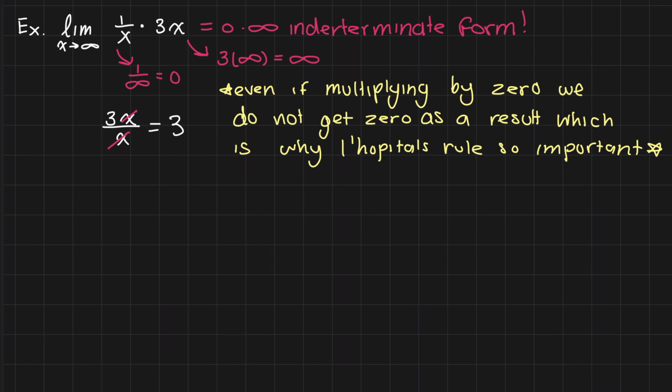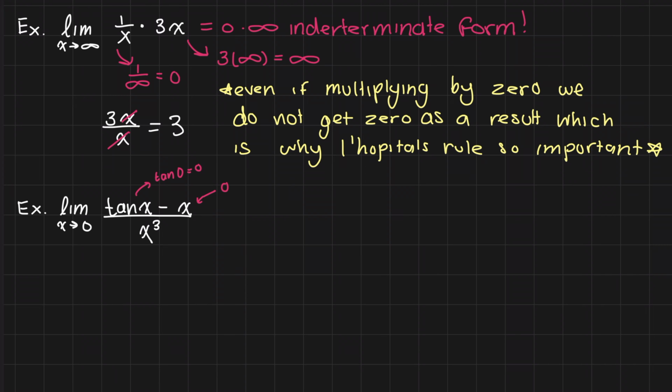Okay, we're going to head into a second example, which is a little bit more complicated and requires more work. So here we have the limit as x approaches 0 of tan x minus x over x cubed. Now let's evaluate all these pieces individually to see what we get as an indeterminate form.